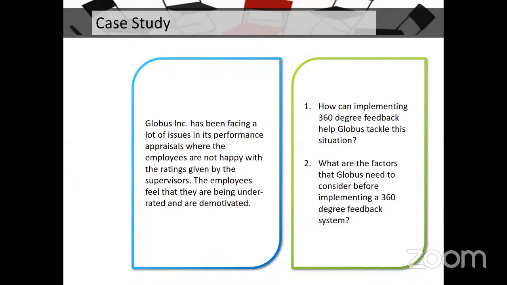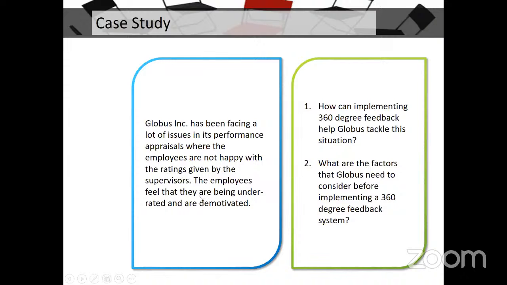So as you conclude, I would want us to just think and reflect on a case study that I have. And this is about an organization that has been facing a lot of issues in its performance appraisal. This is whereby the employees are not happy at all with the ratings given by their supervisors.